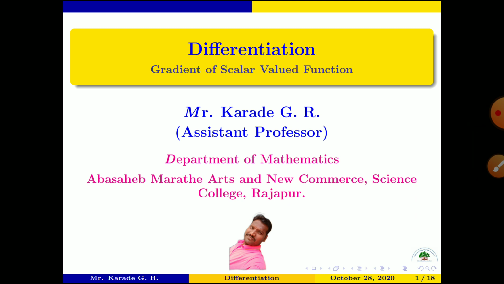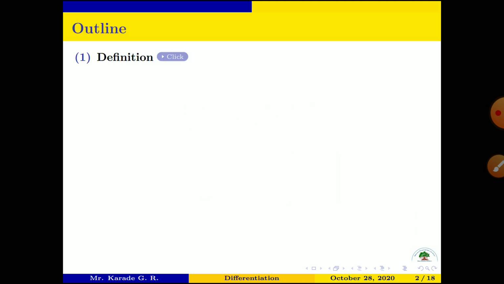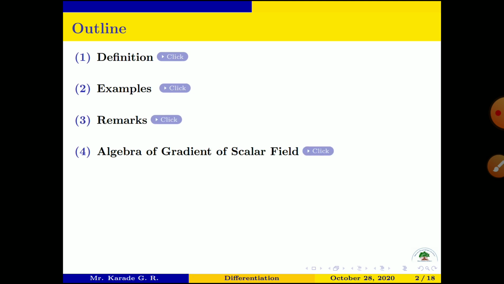Okay, so the outline of our lecture is: in the previous lecture we defined what is meant by gradient, then we have taken some examples and a remark. Also we studied the algebra of gradient of scalar valued function, and examples on algebra of gradient.